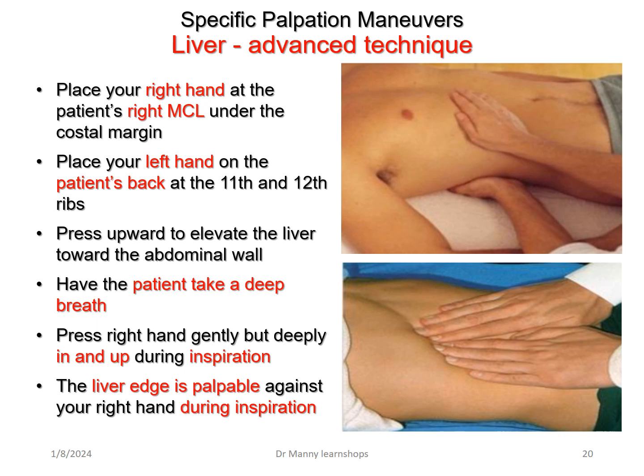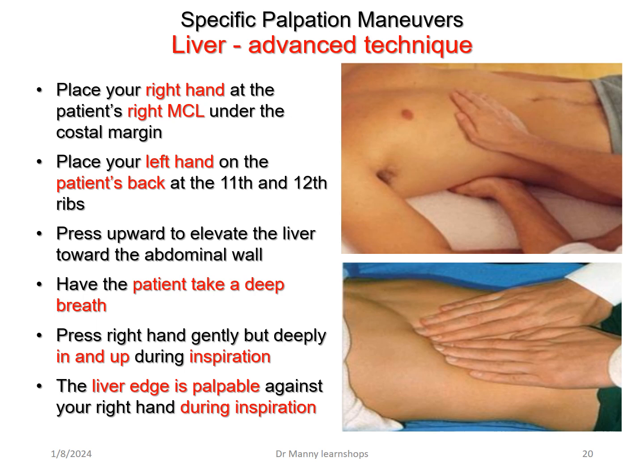For an advanced technique for liver assessment, you place your right hand in the patient's right mid-clavicular line under the costal margin. You place the left hand on the patient's back at the 11th and 12th ribs.